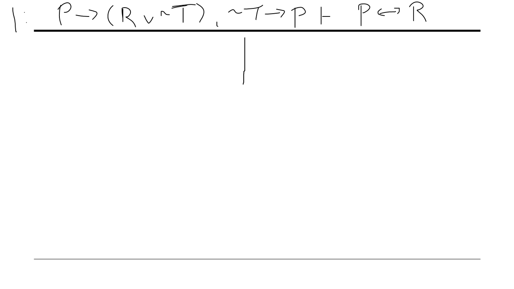Again, I'm using the color green for true, red for false. So we put our premises on the left-hand side because we're treating them as true, and we're treating our conclusion as false and looking to derive a contradiction.